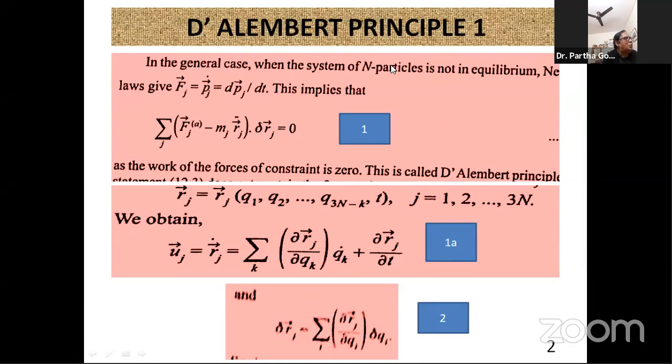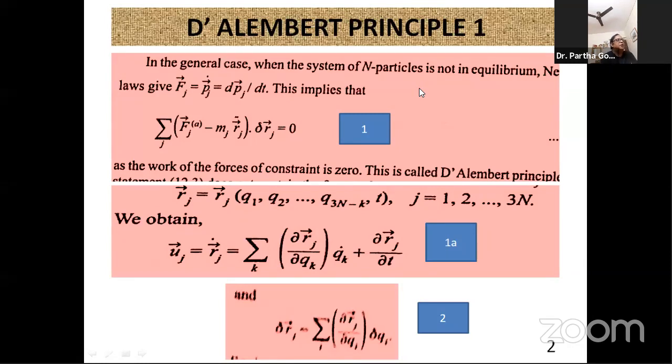So you must read it as u_j equal r_j dot equal sum over all lambdas, del r_j del q_lambda, q dot lambda plus del r_j del t.